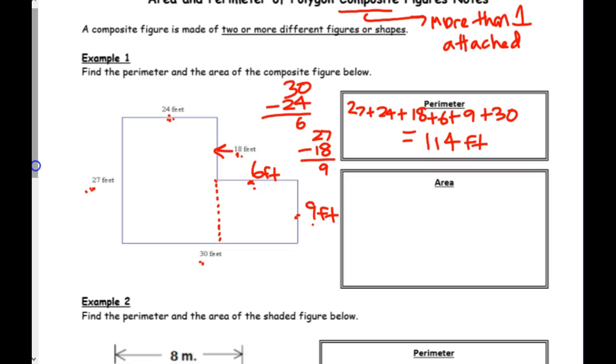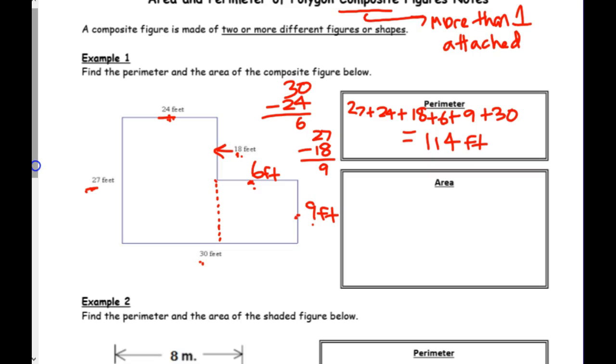Okay. Now for area, everyone listen. If it's composite, all you've got to do is find the area of one part and the area of the other part and do what? Add them. That's it. You're just basically doing area more than once and adding it together. So this on the left side, I got 27 and 24. How do I find the area of a rectangle?